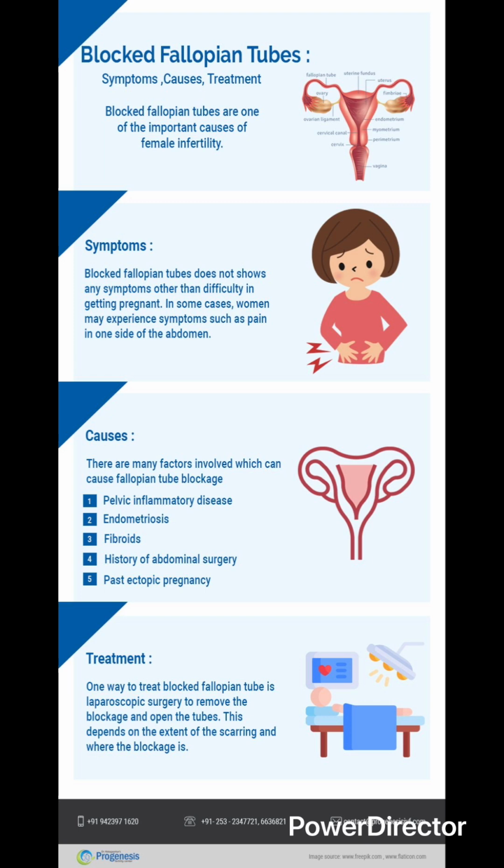Next, I am going to tell you how these dysfunctions cause infertility. They can block the passage, impair the motility, and alter the tubal environment. First, blocking the passage: tubal blockages prevent sperm from reaching the egg or fertilized egg from reaching the uterus. Next is impaired motility.